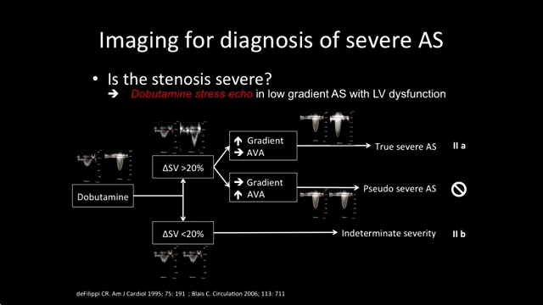Conversely, the aortic cusp opening can be forced by increasing the stroke volume in case of a pseudo-severe aortic stenosis. In this situation, the gradients remain stable, while the calculated valve area increases above 1 centimeter square. According to the current literature, only true severe stenosis as diagnosed by low-dose dobutamine stress echo will benefit from valve replacement.